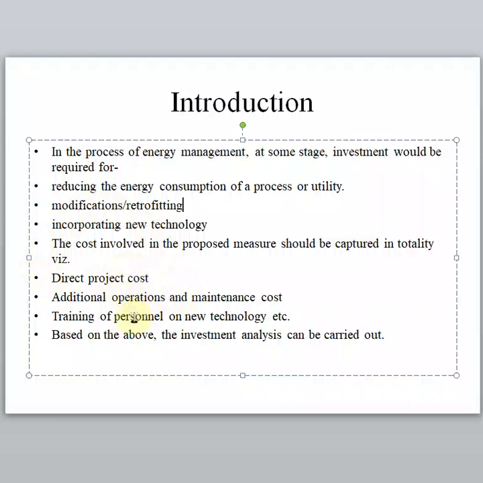Now, these three factors are important when considering the cost involved in the investment. On what factors should the investment be given? It should be given on the project cost, then additional operation and maintenance cost, and training of personnel, that is, training of staff and faculty on new technologies.